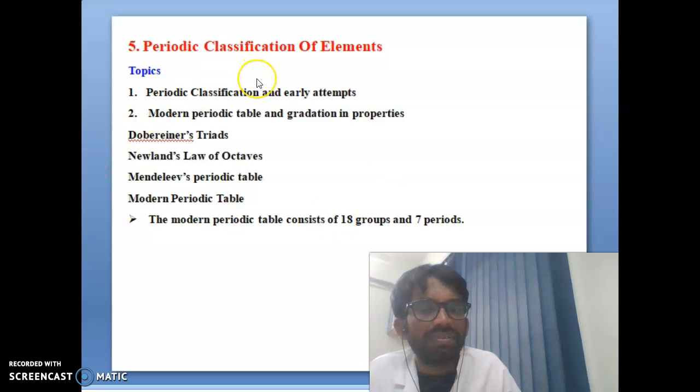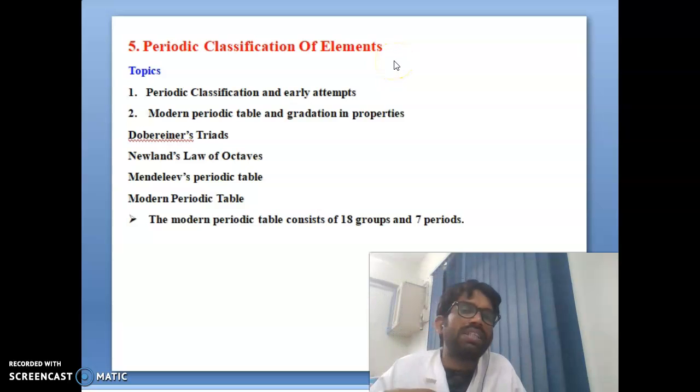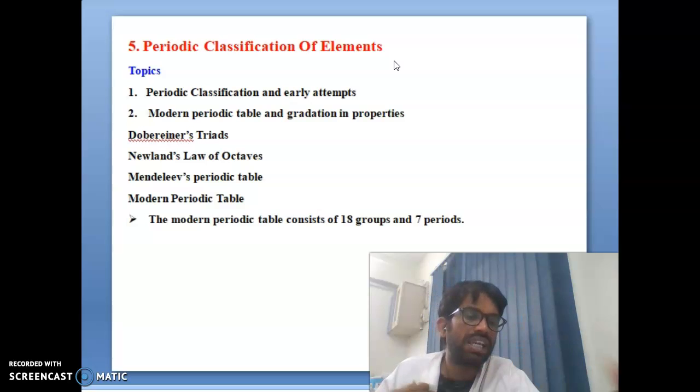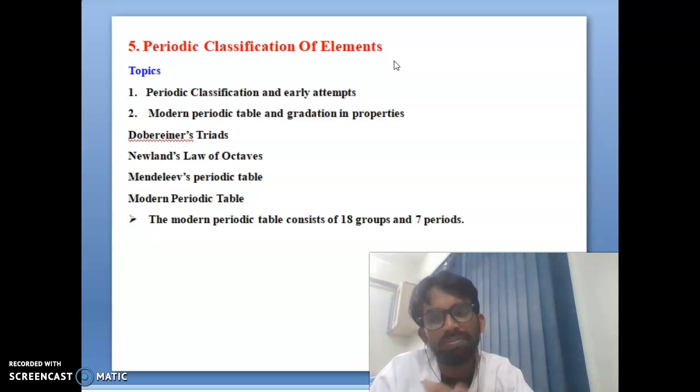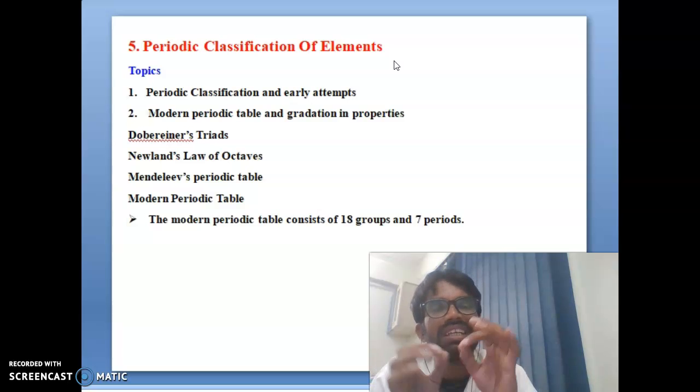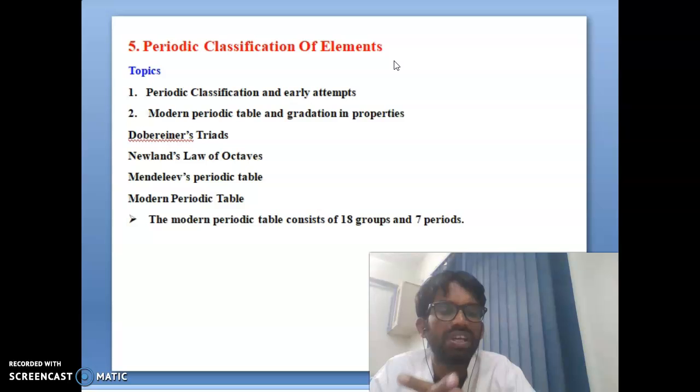The fifth and last main topic is periodic classification of elements. What is the periodic table, and what is its horizontal and vertical arrangement? It is very important, and for 10th class you need to know 30 elements' names, electronic configurations and symbols.